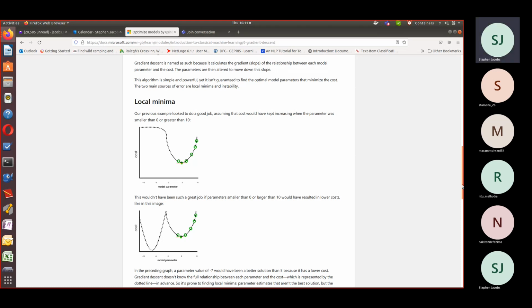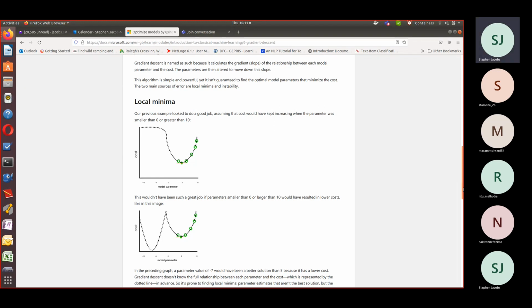So, for example, if that was approximating a curve of y equals x squared, then the differential is 2x. If you make that x equals 0, you will find that point.